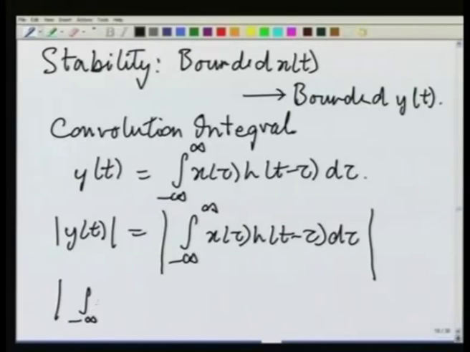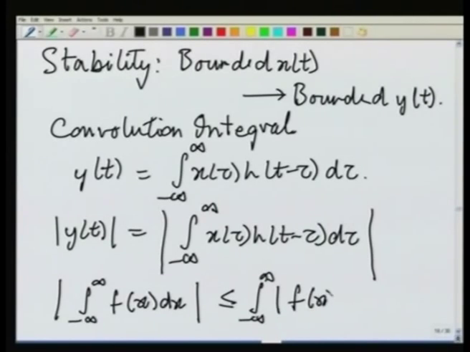In short, we can say that the absolute value of the integral of, say, f(x) dx is less than or equal to the integral of the absolute value of f. This property is called the triangle inequality.